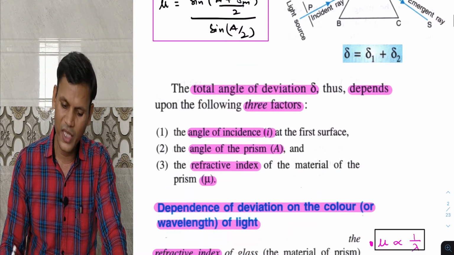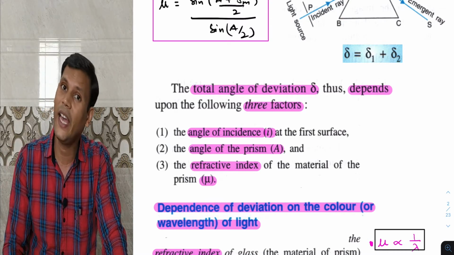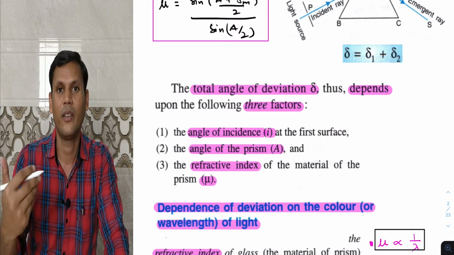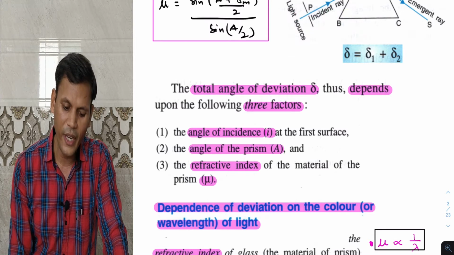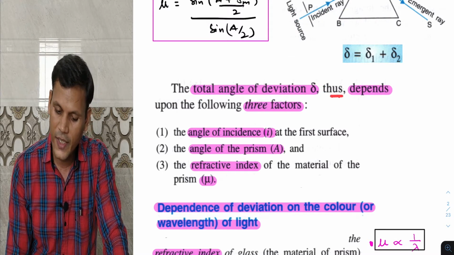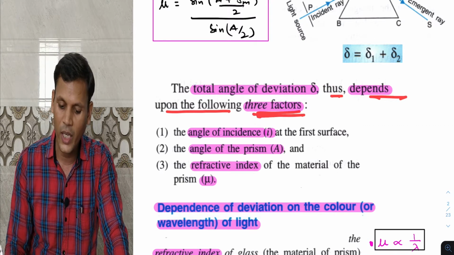Okay, now we will discuss some factors. Already two factors I have mentioned, so the further part we have to discuss. Here the total angle of deviation delta depends upon the following three factors. What are those factors?